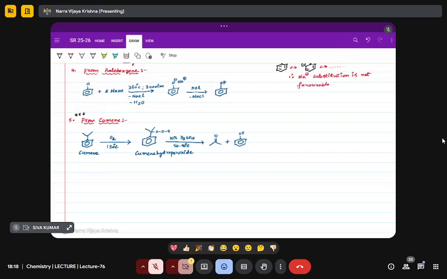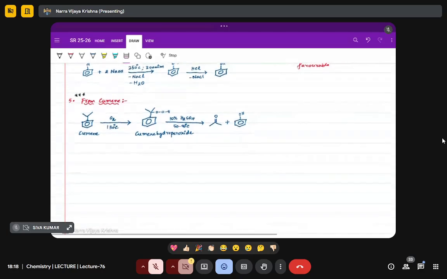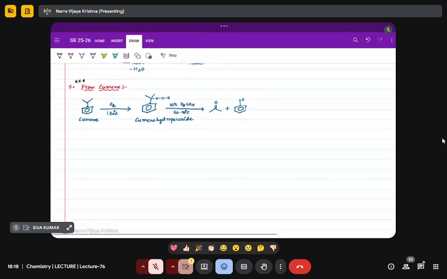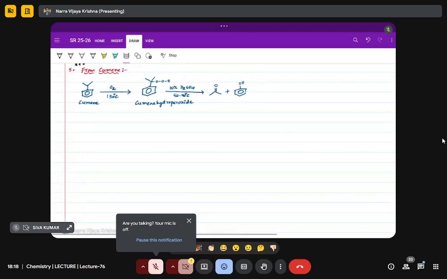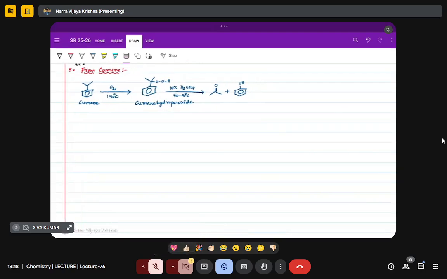Sir, why is that replacement happening, sir? Where? Benzylic hydrogen, man, where the positive charge is more stable. I am writing this hydrogen peroxide as HOOH. I am ionizing this as H plus and OOH minus. Correct?